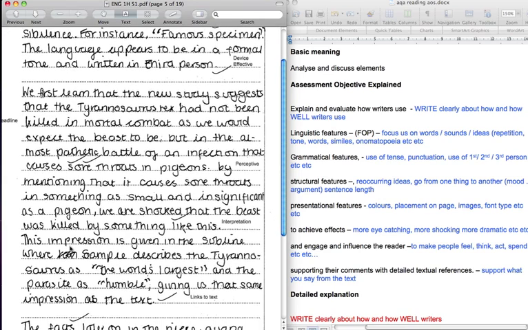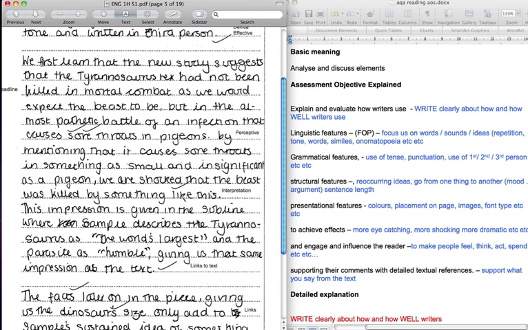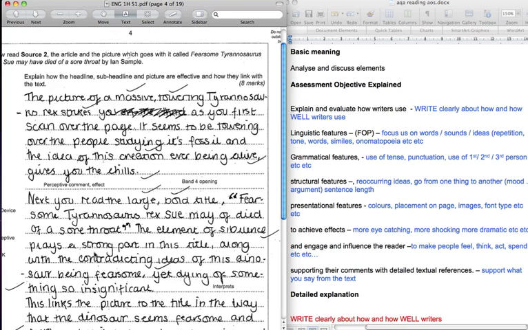This impression is given in the subline, where the sample describes the Tyrannosaurus as the world's largest and the parasite as humble, giving us that same impression as the text. So the link there is being made between the subline and the actual piece.